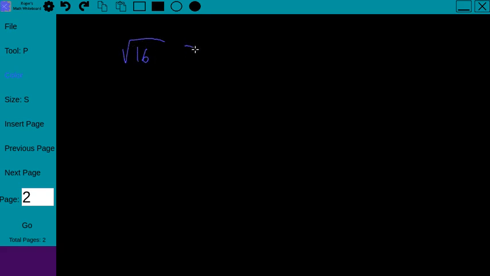Think about the square root of 16. We know that's 4. The question this is really asking us is, what number times itself would give me the number inside? The actual answer could be 4.